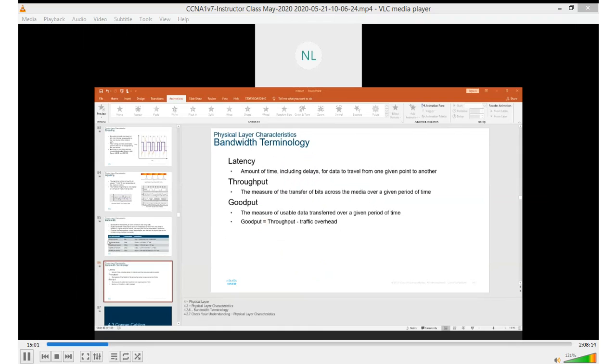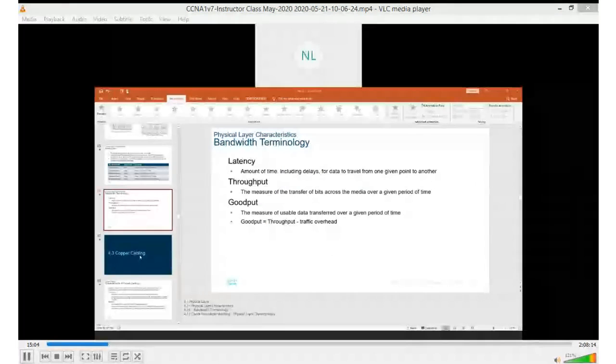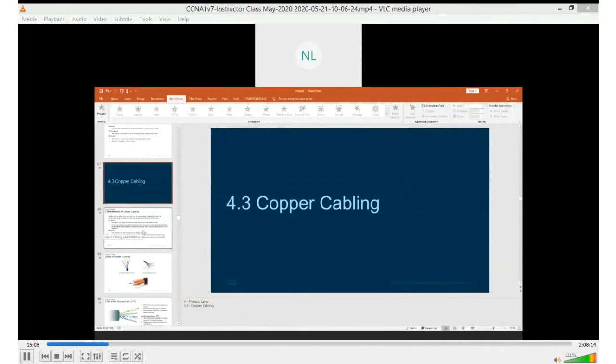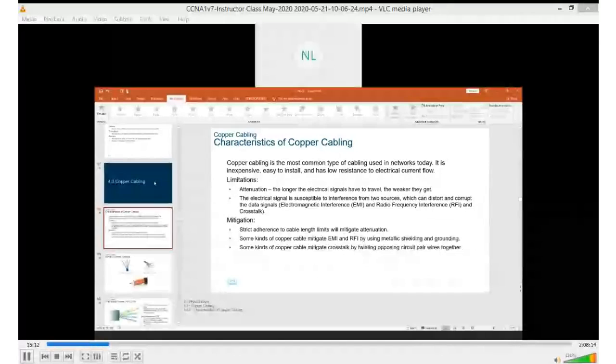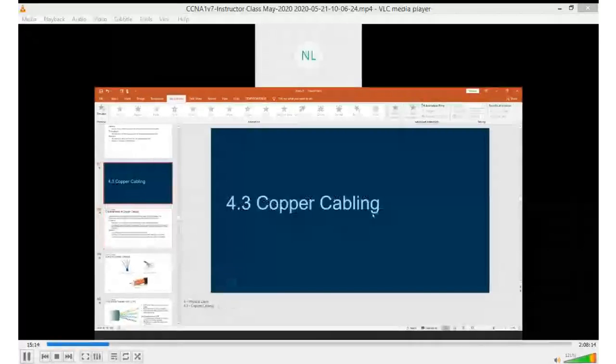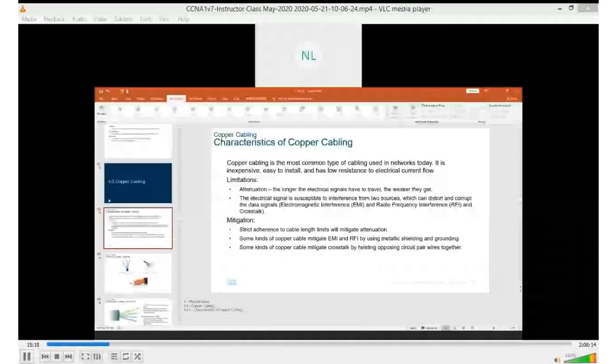So now, moving forward, we're still on the physical layer. We're going to talk about the types of cables first, starting with copper cables. In the physical layer, take a look at this. When you have a device and another device, the physical layer controls the connection, the media.